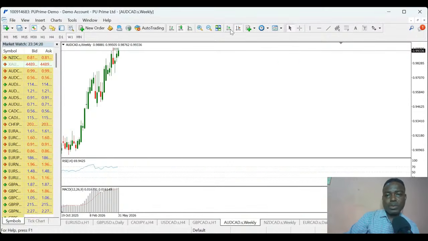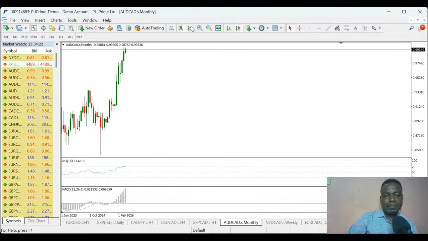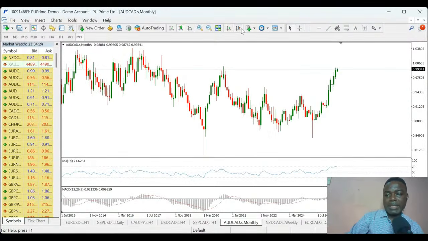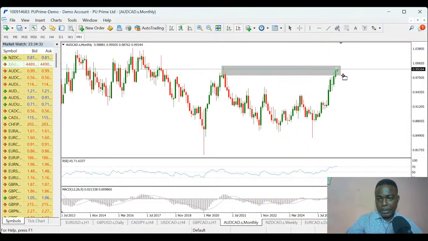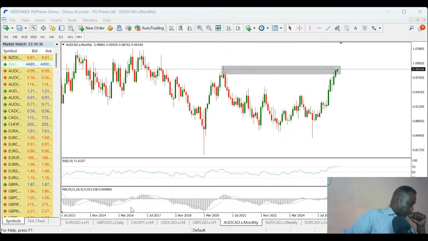Now let's go over to the weekly time frame or even possibly the monthly time frame to get a clearer perspective on this instrument. Now on the monthly time frame, we can clearly see that price is trading around a previous resistance zone. Pardon me for that.